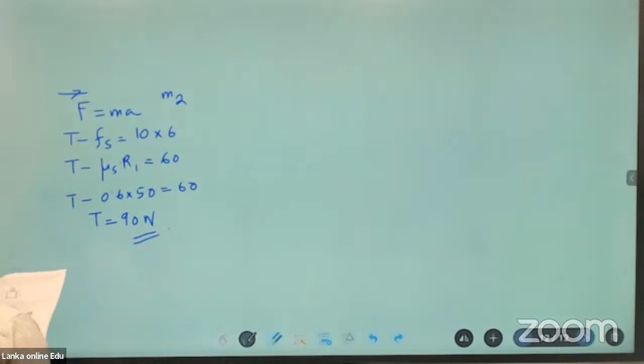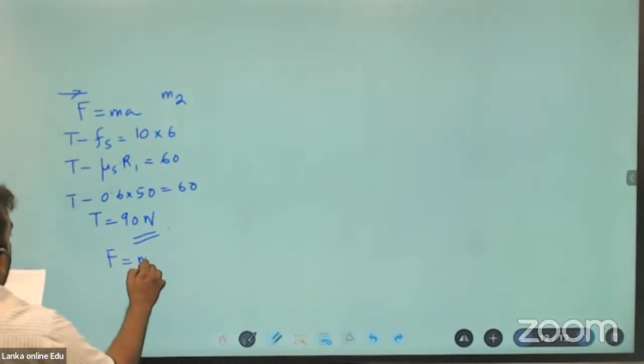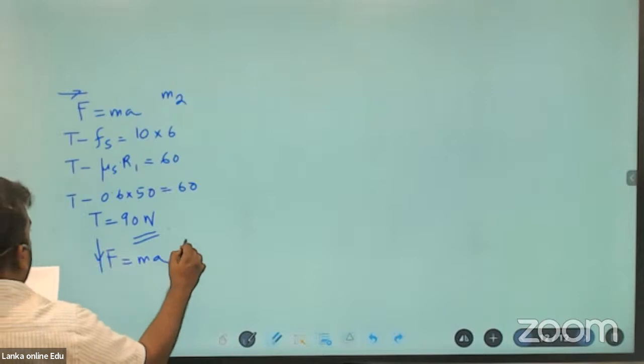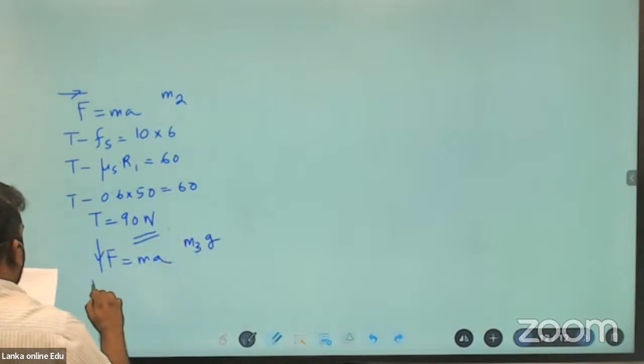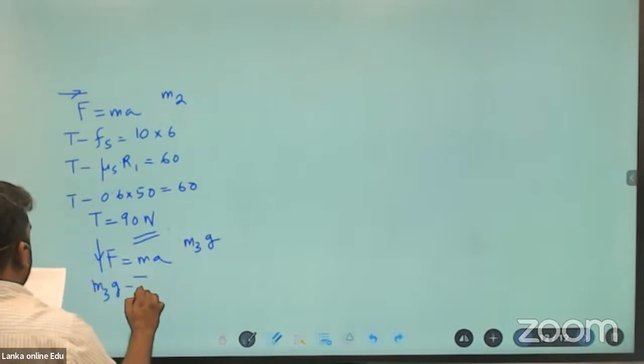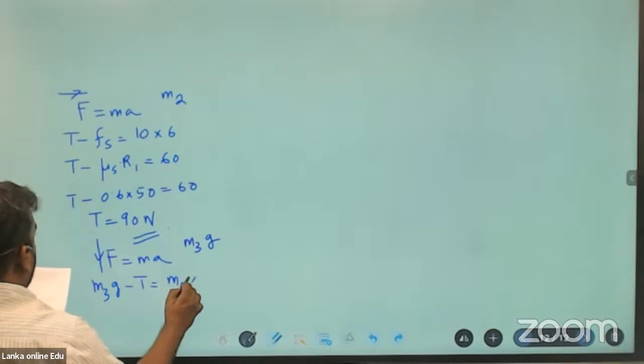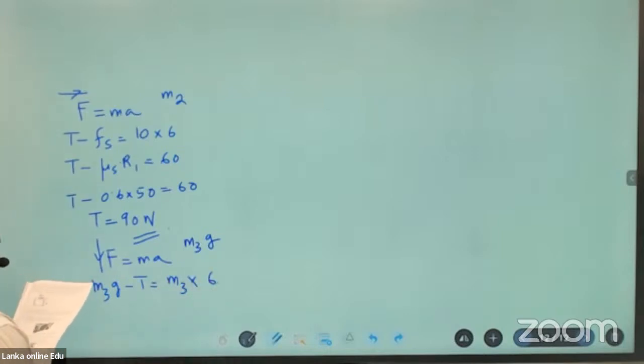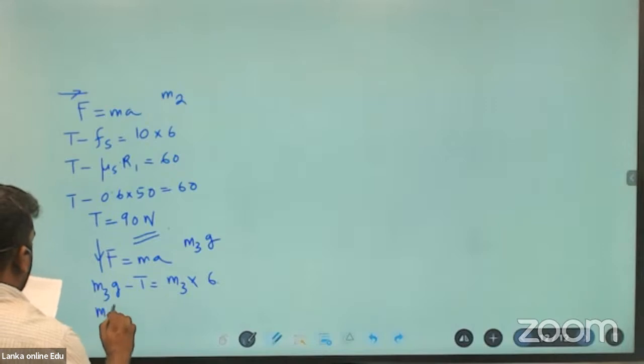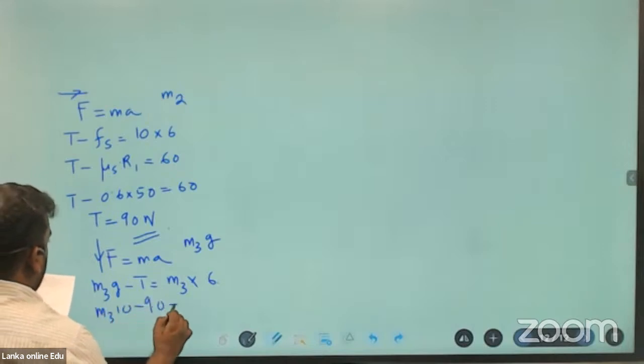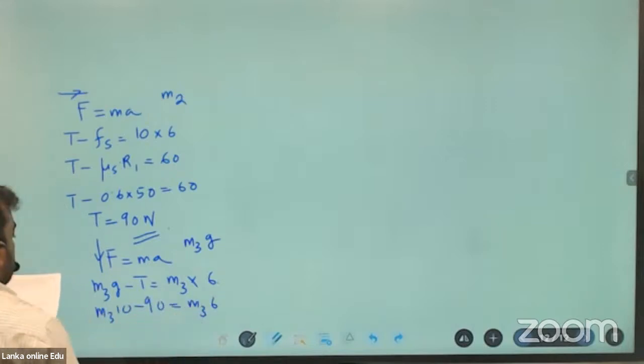If tension is 90, apply F equal to ma downwards on M3. M3g minus tension equals M3 times acceleration. Same acceleration, 6. M3 times 10 minus tension 90 equals M3 times 6.